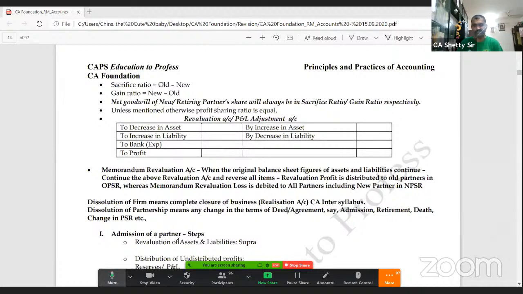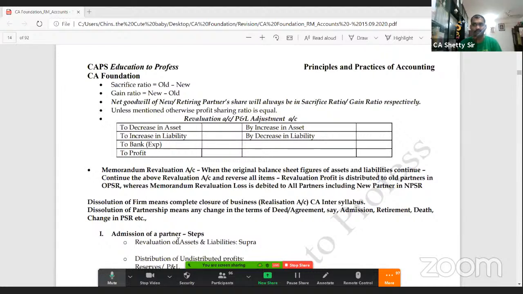On the right hand side, the asset side, write building 100 lakh. Leave 2 lines. On the left hand side, write creditors 40 lakh.